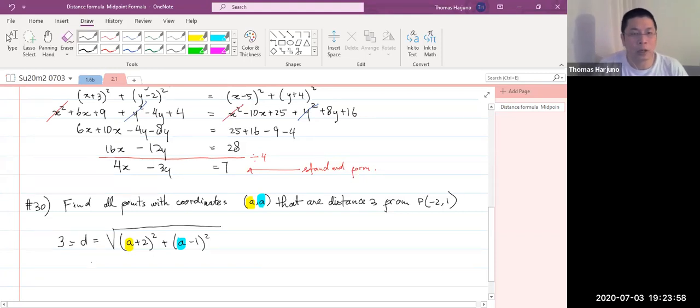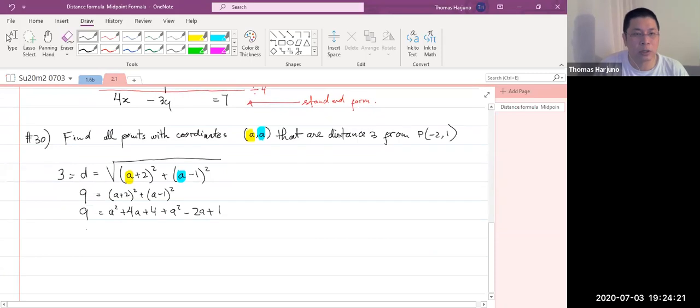Now let's work it out. I square both sides, I get 9. And what I will do next is to FOIL this. Get a squared plus 4a plus 4 plus a squared minus 2a plus 1.